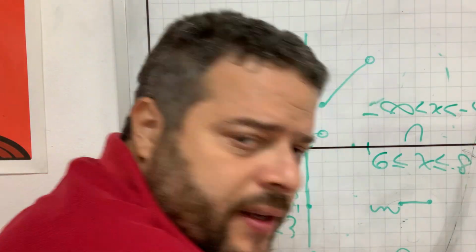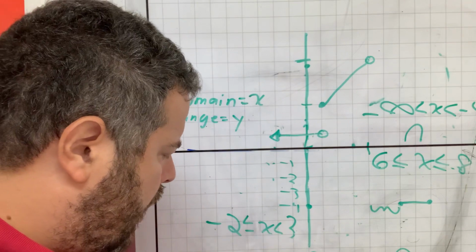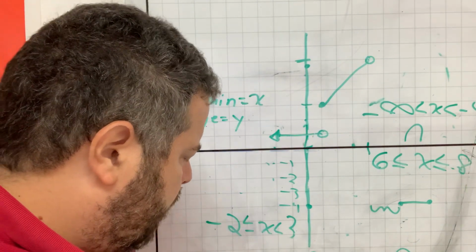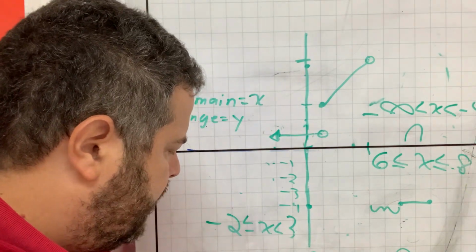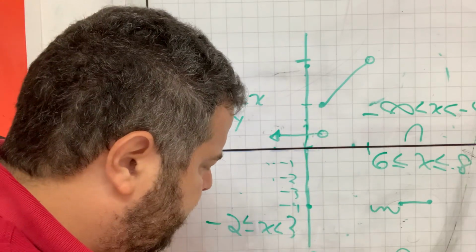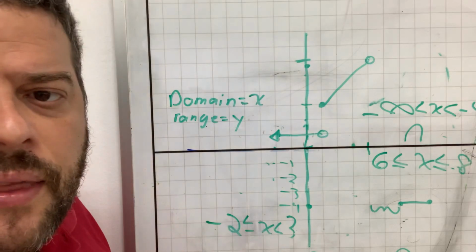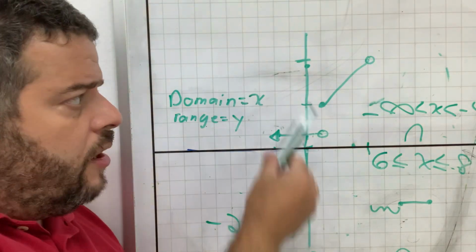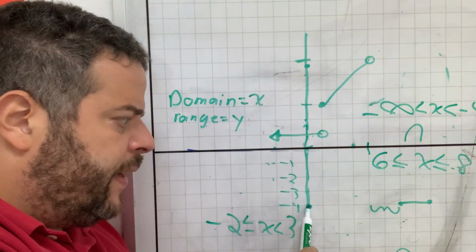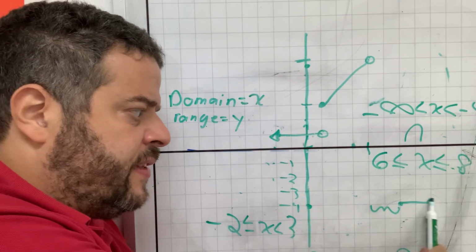I'm sorry if you can't see it. Let me write it down right here. So, let's write it this way because it's not a constant. 3 less than or equal to y less than 6. That would be the range of this equation. The range would include -4 because I exist at -4.